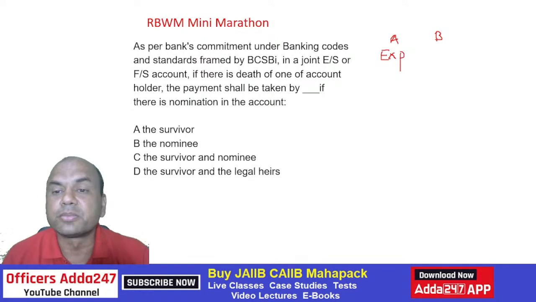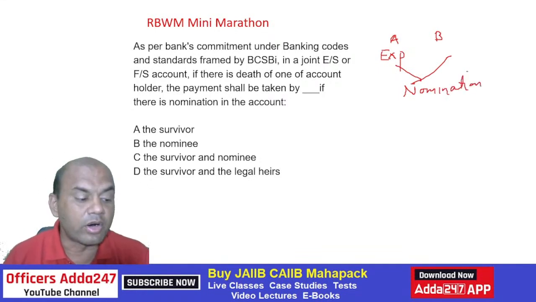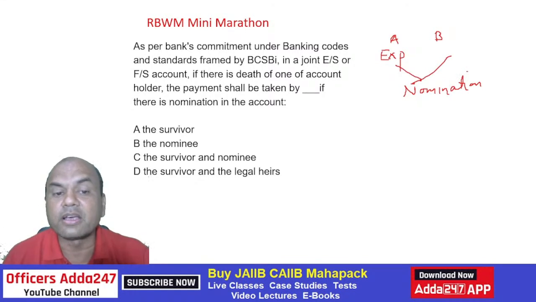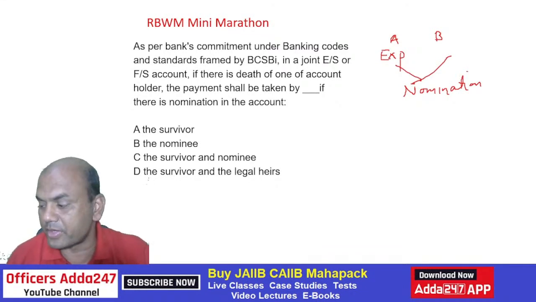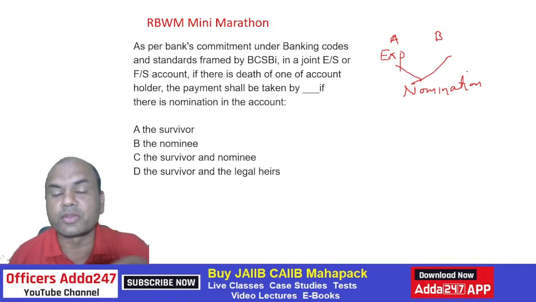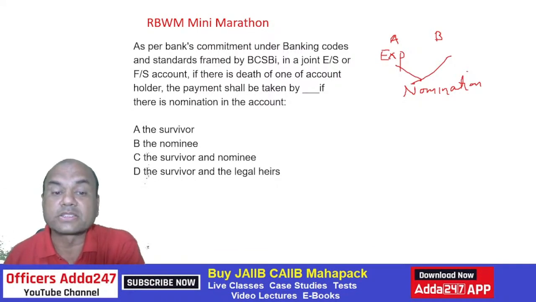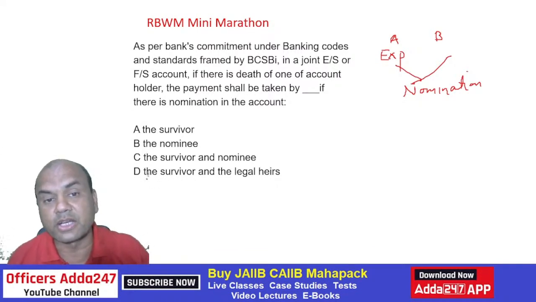Nomination means, suppose both of them have given the nomination over here. So who will get the funds? Will the nominee get the funds, or will the survivor get the funds? Or is it joint between nominee and the survivor? Will both of them get the funds, or survivor and the legal heirs? Who will get the funds?